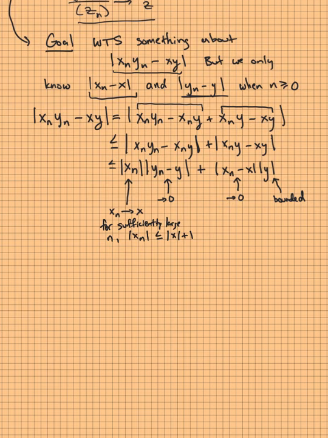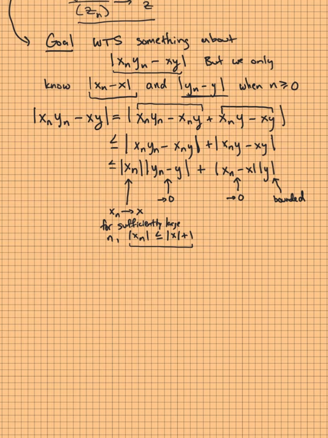You have to be a little careful because x might be negative. If I wrote less than or equal to x plus 1, that would be a little fishy, okay? But the absolute value is okay, and that's what we care about.